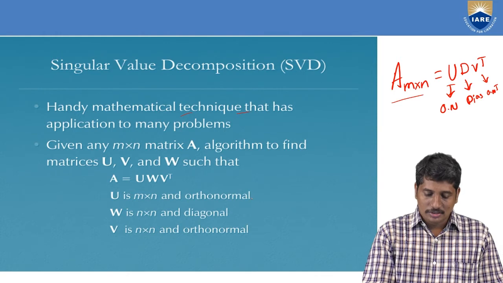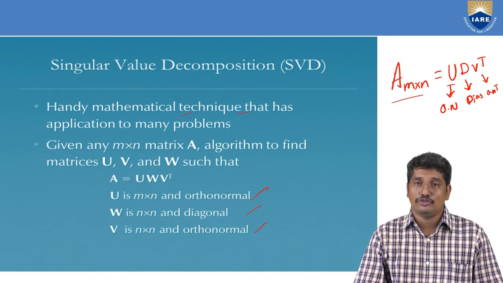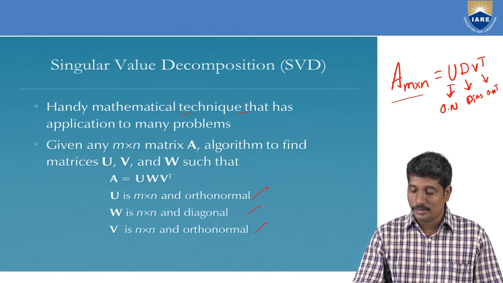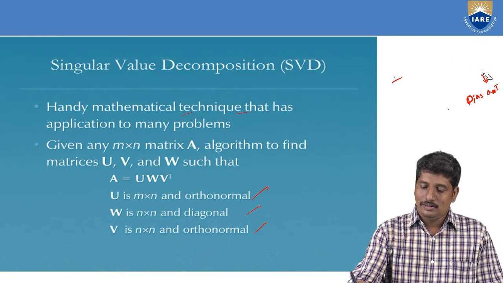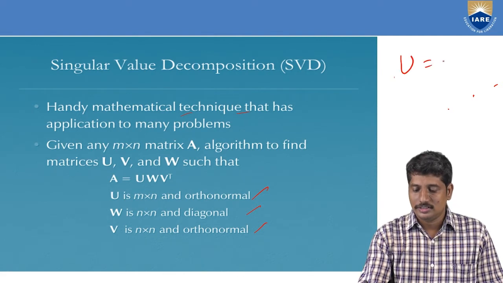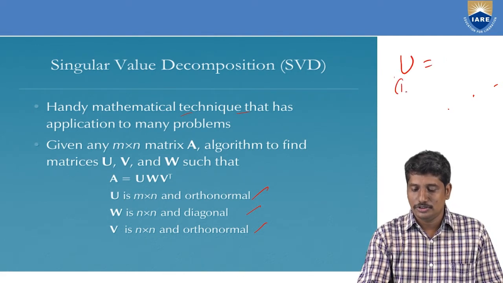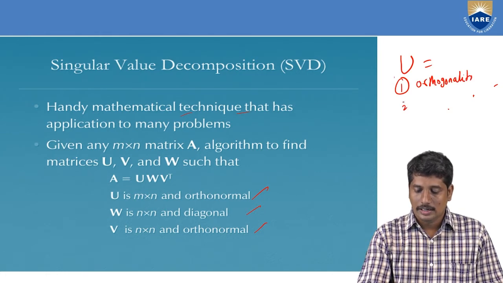As we just discussed, U is orthonormal, W is diagonal, and V is orthonormal. Let us just recap the meaning of orthonormal matrix and diagonal matrix. A matrix U is said to be an orthonormal matrix if it satisfies 2 conditions: orthogonality and unit normality.